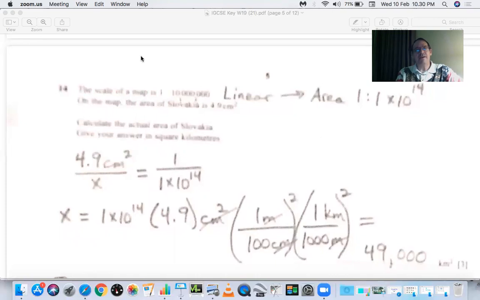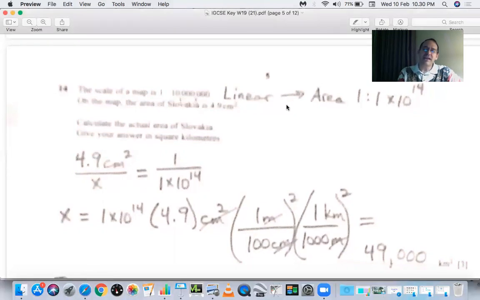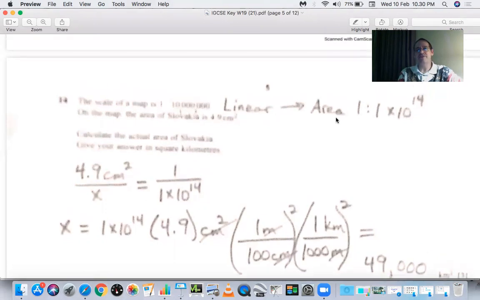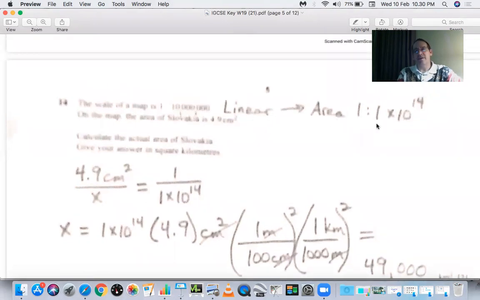So here is our scale, 1 to 10 million, which is 1 times 10 to the 7th power. Then we want to change it to area, so it's two-dimensional. So we're going to square 1 over 10 million, and we get 1 to 1 times 10 to the 14th.